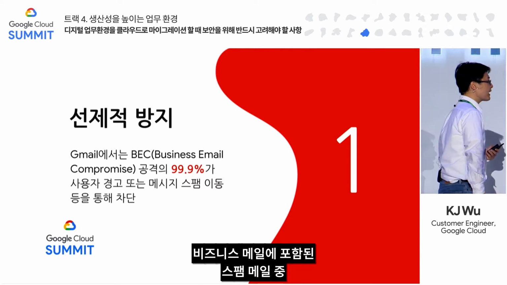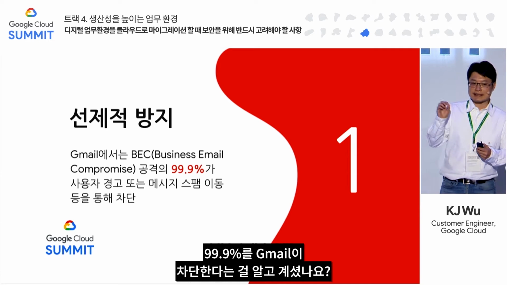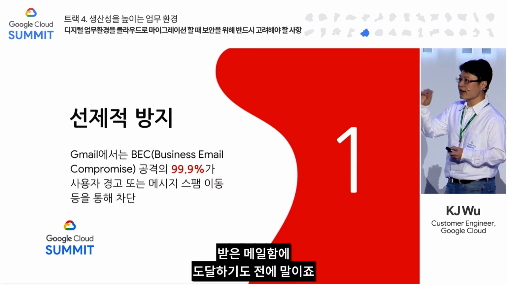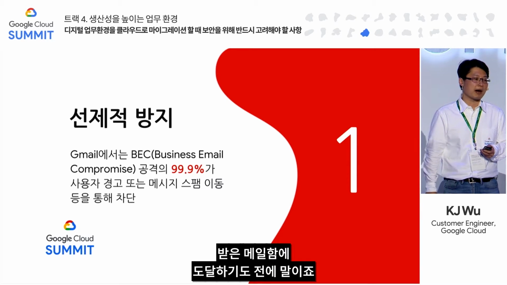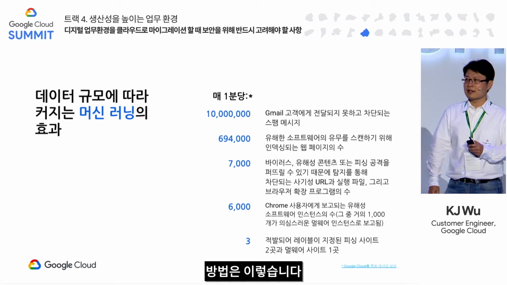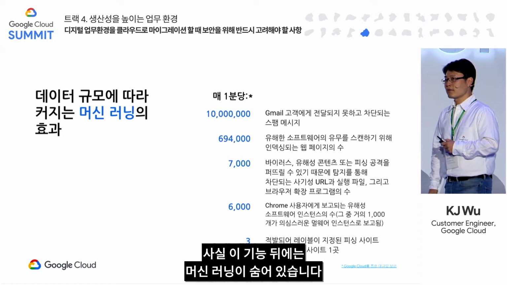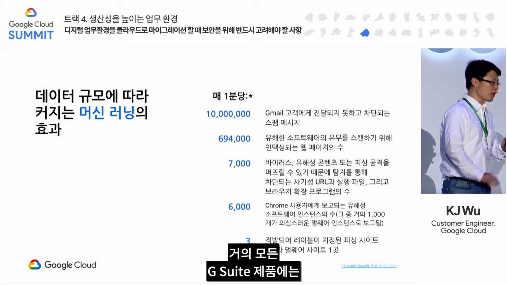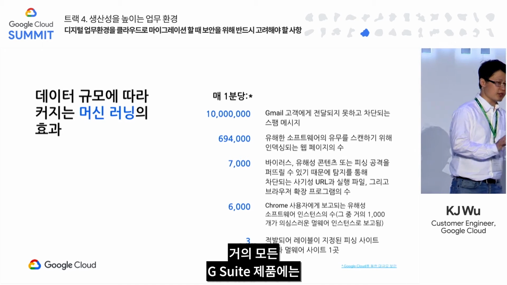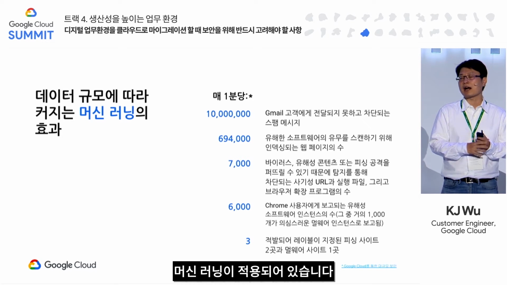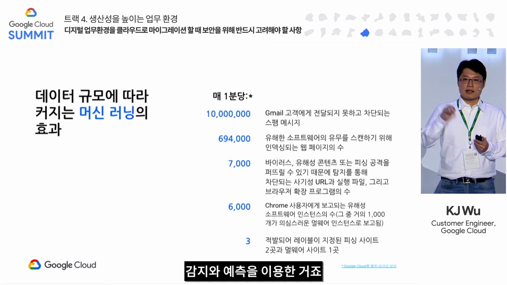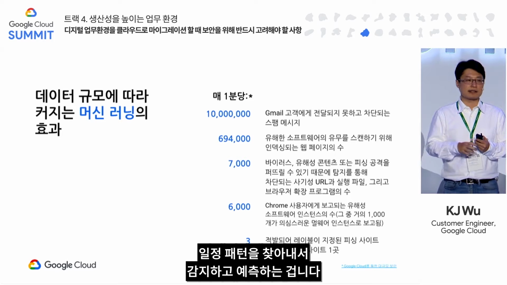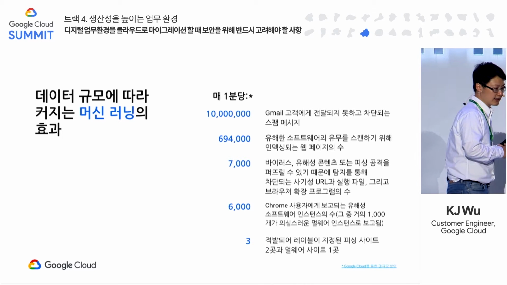Do you know that 99.9% of business spam mail is stopped in Gmail, before even reaching your inbox? How do we do that? The secret weapon behind that is machine learning. Almost every G Suite product applies machine learning behind the scenes, so we can detect or predict, find the pattern, and detect that behavior.